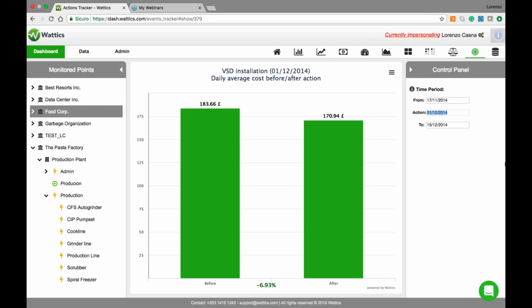In this case, the installation of a variable speed drive, which is the exact same project that we have in the MMV tool, it's not a very good use case for this tool, because it's likely that the installation of a variable speed drive can deliver different results based on the output production of the plant. So it could be that this 7% savings is related also to a decrease in the production. So we have no way to double check if this information is good.